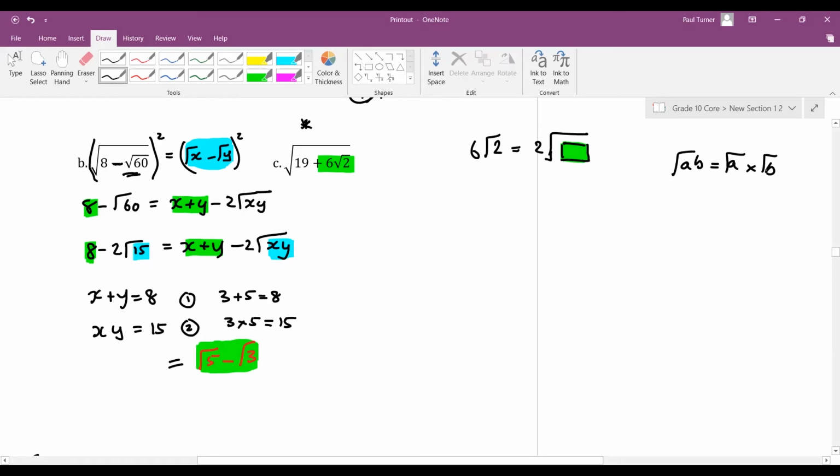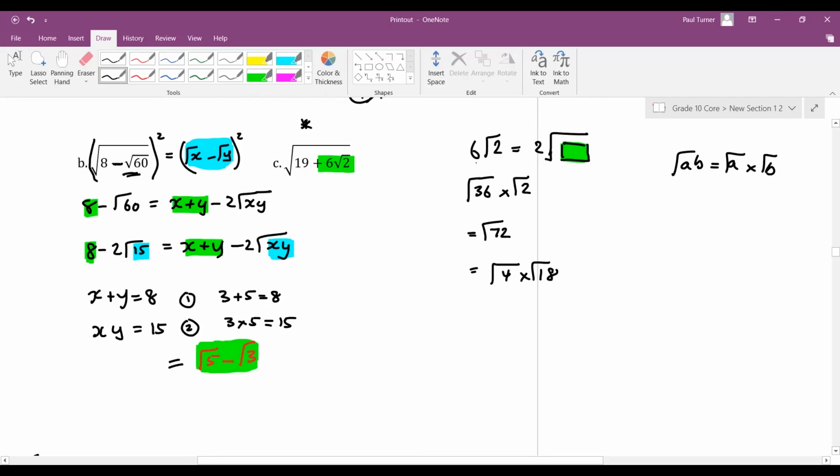Okay, I'll show you one way we can do it. Now you've got 6. 6 is the same as root 36, isn't it? Root 36 is 6. You can combine them to give root 72. And root 72 can be changed again to be root 4 times root 18. Yeah, 4 times 18 is 72.